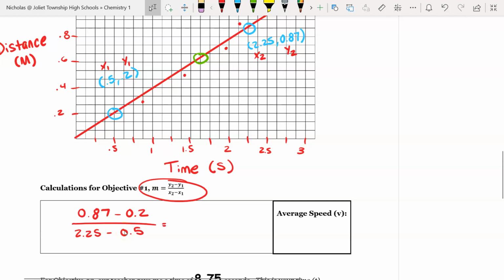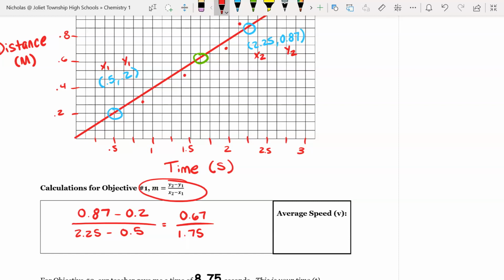All right, so when I do this, I'm going to do this in 2 steps. Unless you have a graphing calculator or you're really good with parentheses, I would recommend doing the top line first and then the second line. So when I do the top line, I get 0.67, and this is going to be over 2.25 minus 0.5, which is 1.75. Okay.